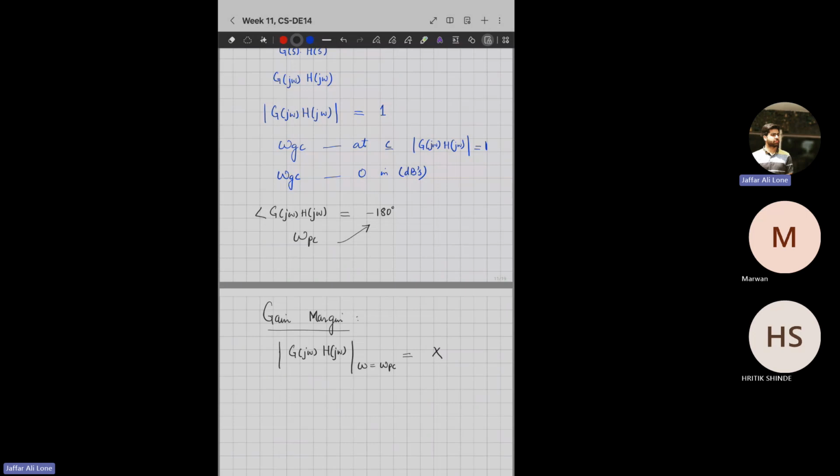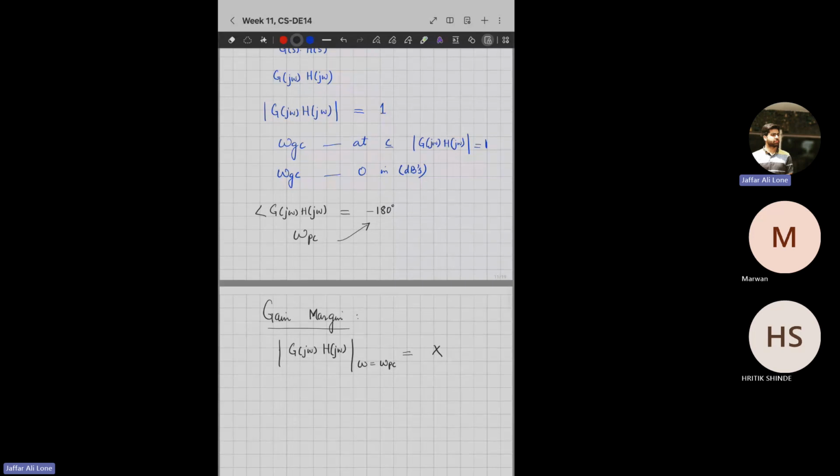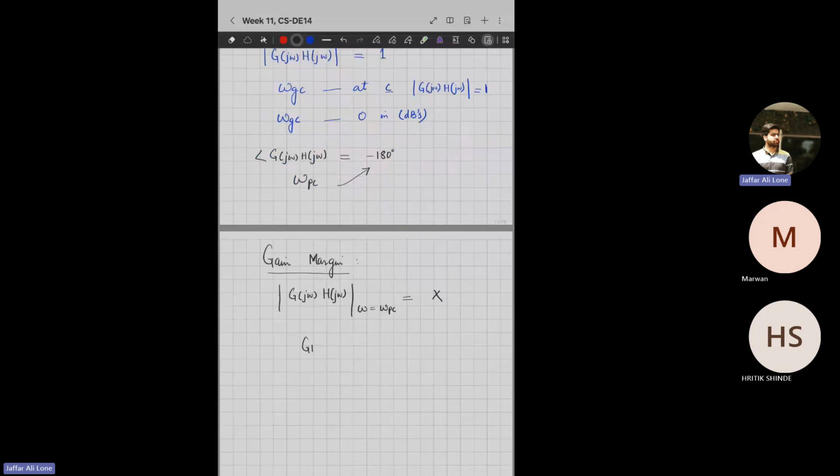So we will find the magnitude at phase crossover frequency, and that is denoted as x. Then my gain margin is 1 by x. You have to take the reciprocal of that. Again, this is normal magnitude. If I take magnitude in decibels, then my gain margin is 20 log of 1 over x.